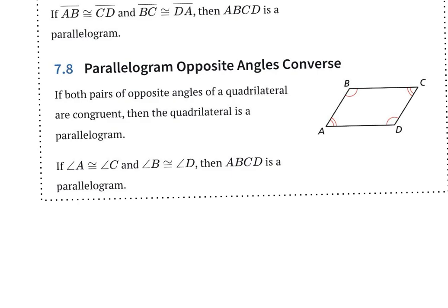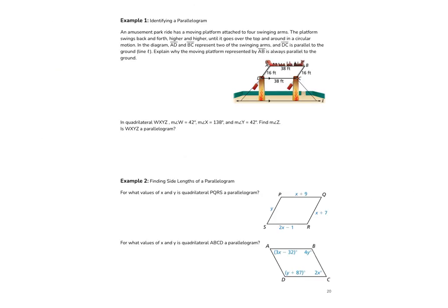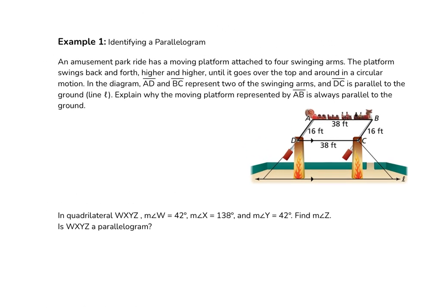And notice, we don't know if the sides are parallel. We're trying to prove that they're parallel by other information that we know. So that was the second theorem that we talked about last week.